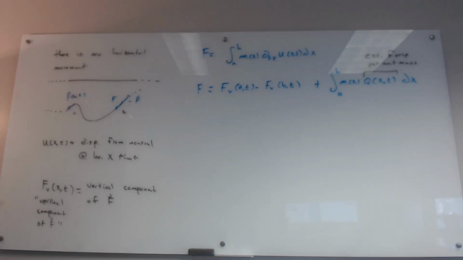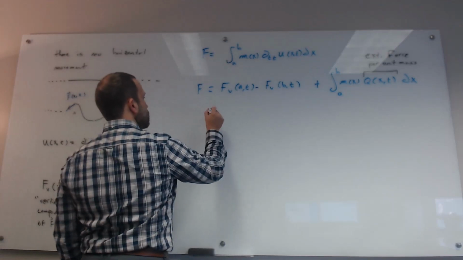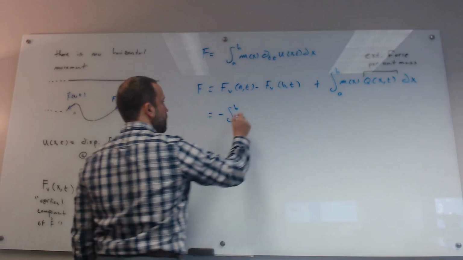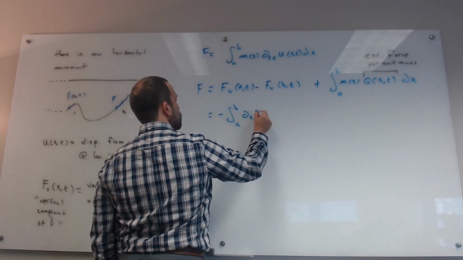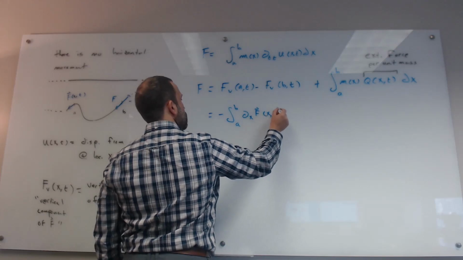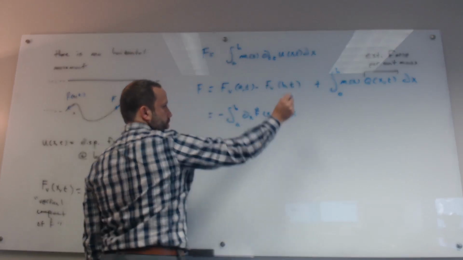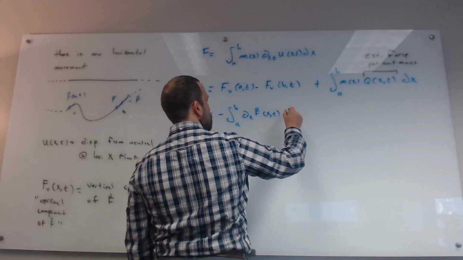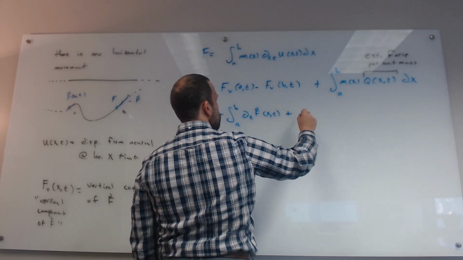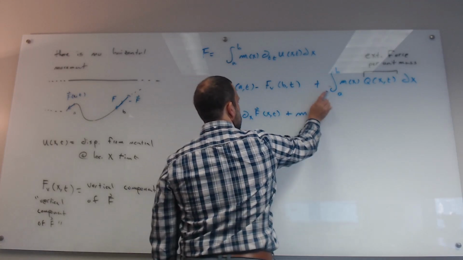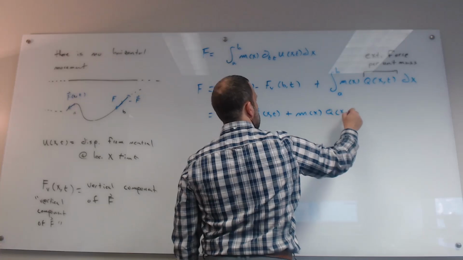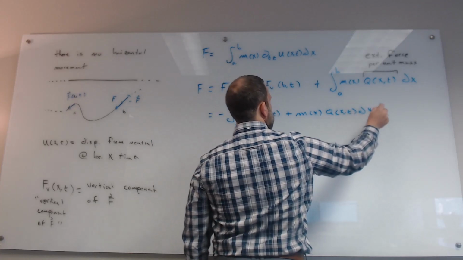Well, maybe we can think about the fundamental theorem of calculus here, because this I can write as minus the integral from A to B of the x derivative of F, and then plus this integral here. We're all integrating over the same distance, so it's the same dx for both of them. So it's going to be m of x, q of x,t dx.